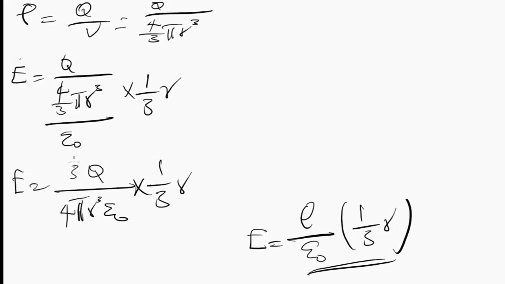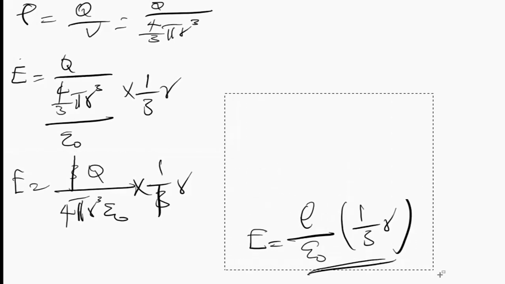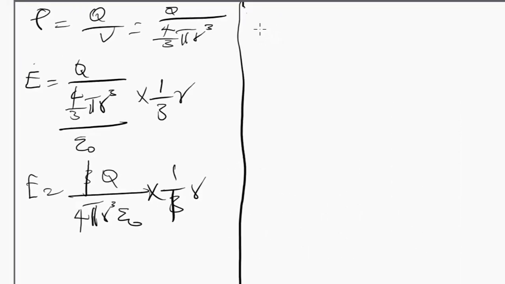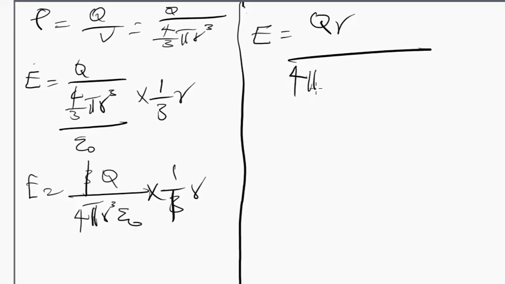Alright, at this point I can cancel off my 3 with 3, and then if I multiply these out, E is equal to Q times R over 4 pi E naught R cubed.